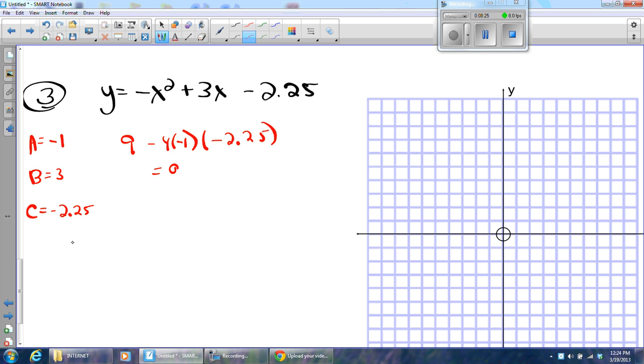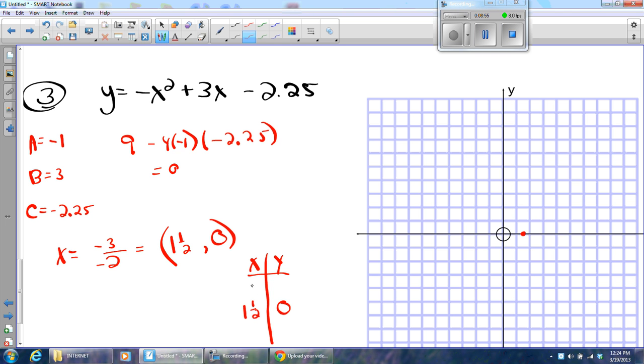Okay. So I'm going to go find the x-coordinate of the vertex. Negative b over 2a. And so the x-coordinate of the vertex is at 1.5. Now, the y-coordinate is 0 because there's one root, and that means the vertex is on the x-axis. So I don't need to do a whole lot of work. In a way, these are the easiest ones because I'm going to have 1.5 in for x, y is 0.